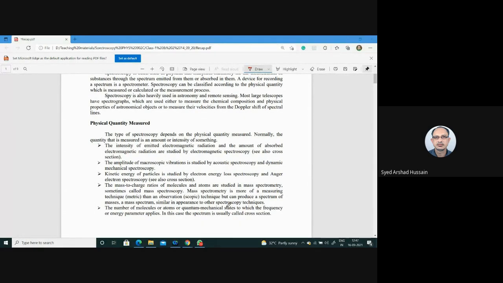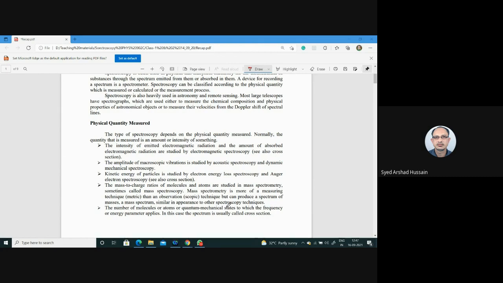You allow radiations having a specific wavelength to fall on the human body or the material, and then you analyze the output. It gives you the visual idea.